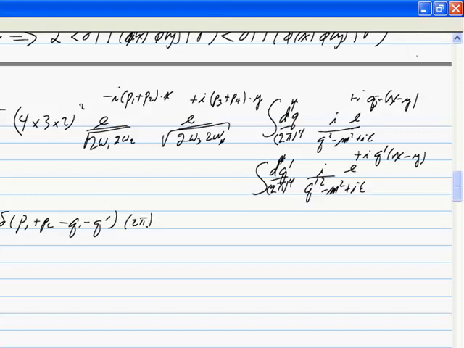And another (2π)^4 delta^4 of p3 plus p4 minus q′.